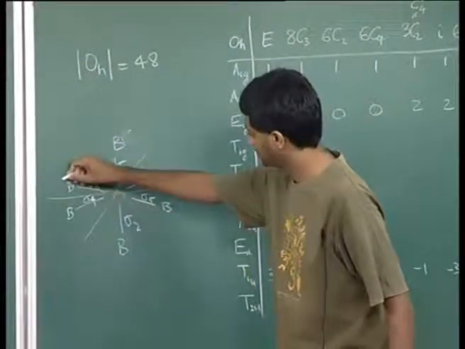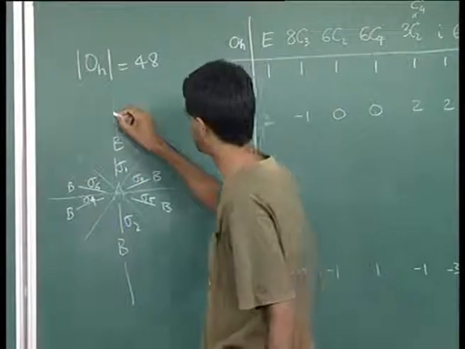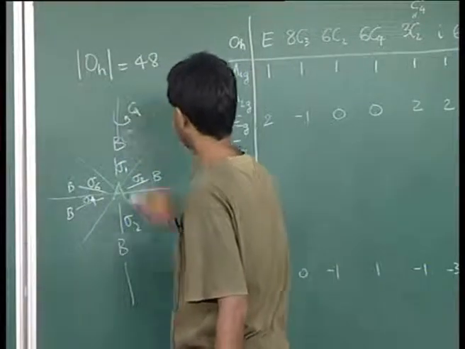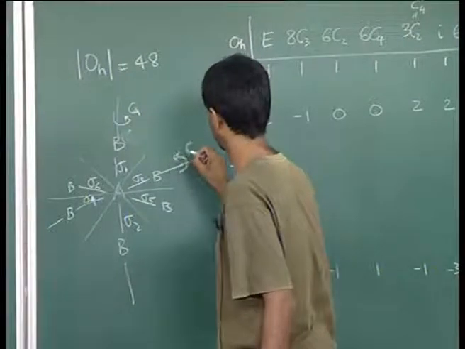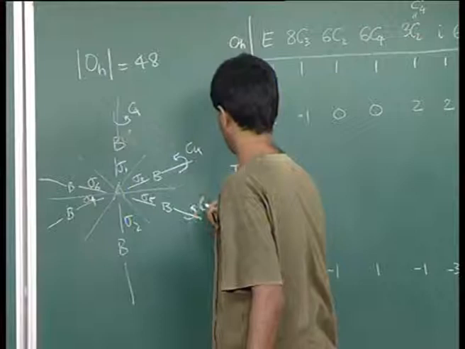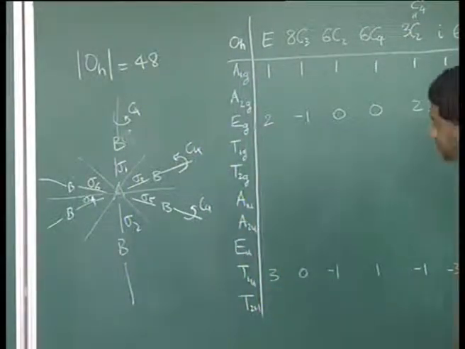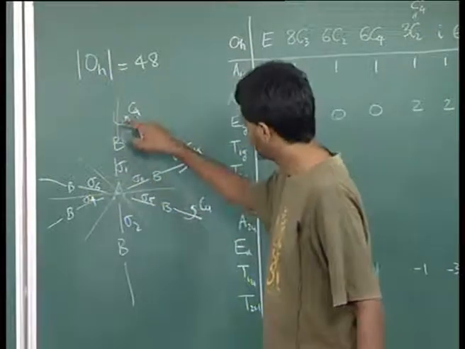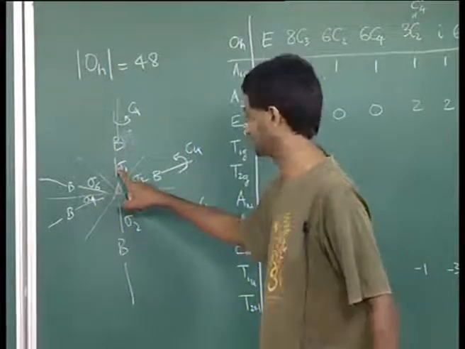So this is a C4 axis, similarly this is another C4 axis, and so is this. Now the C4 corresponding to this axis will leave sigma 1 as it is.